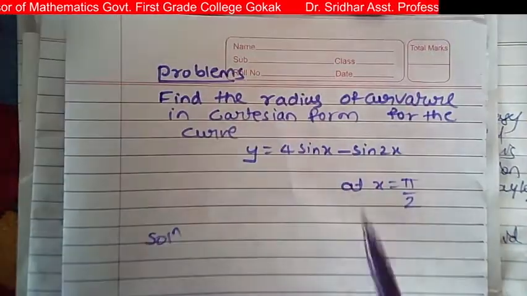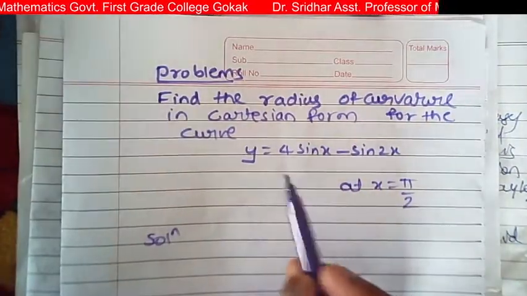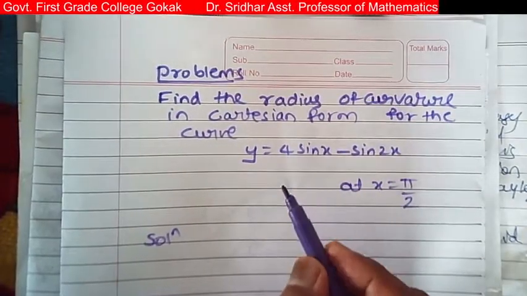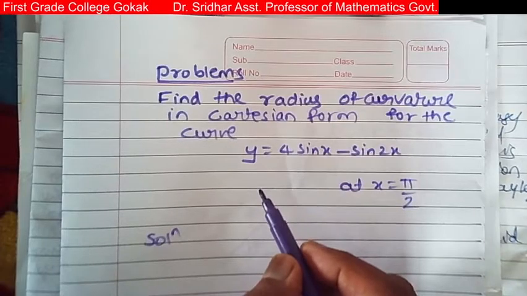This is a Cartesian curve, so we apply the radius of curvature formula for Cartesian form.